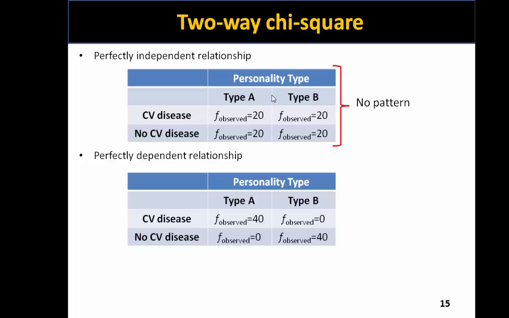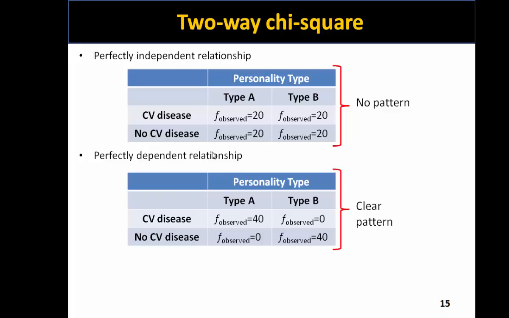Going back to the first example of a perfectly independent relationship, we clearly see that there is no pattern here. Being categorized as a particular personality type did not influence whether the person had cardiovascular disease or not. The individuals randomly selected in this situation had an equal chance of testing positive for cardiovascular disease or not.